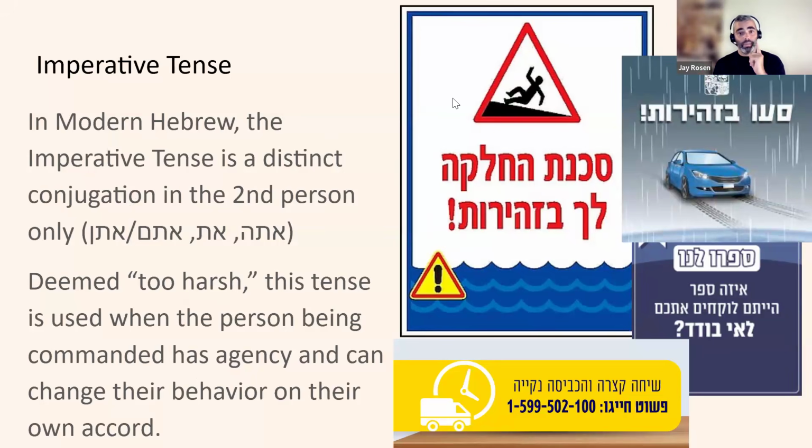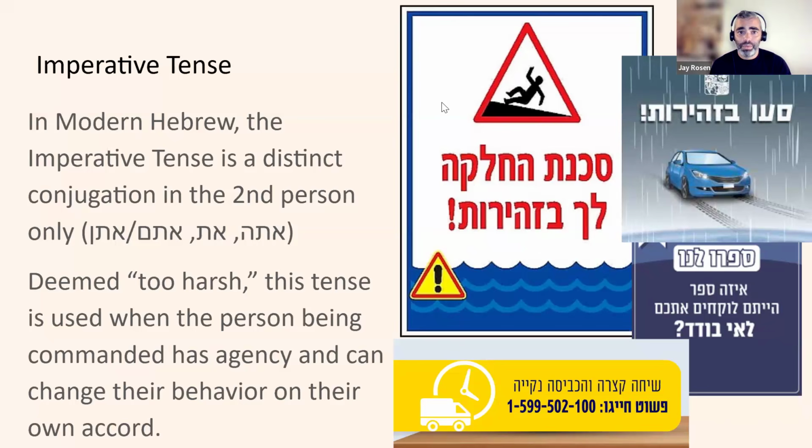So it's only going to be you, singular, and you, plural. You, singular, has two different conjugations, depending if it's masculine or feminine. And in modern Hebrew, the you, plural, is combined, whether it's only male, only female, or a combined group. So there are three in modern Hebrew.